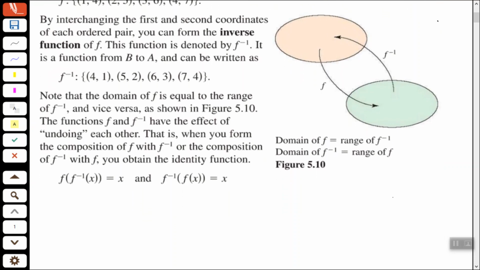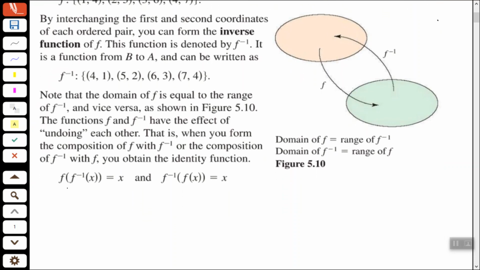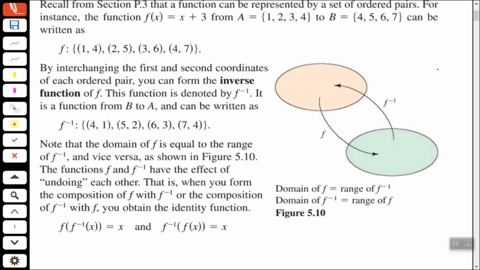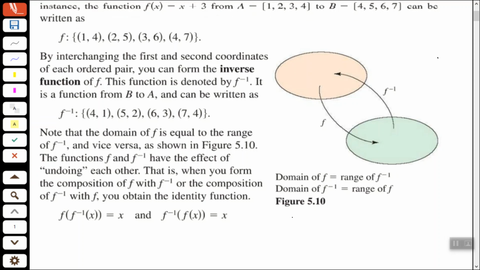Note that the domain of f is equal to the range of f to the negative 1, and vice versa. So the functions f and f to the negative first have the effect of undoing each other.